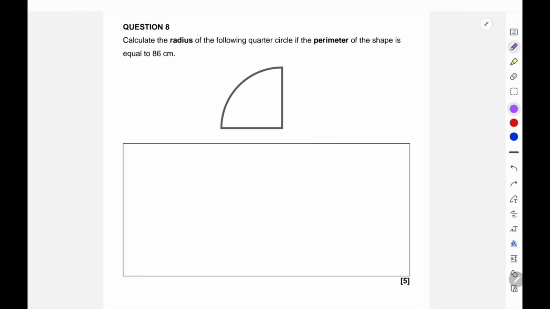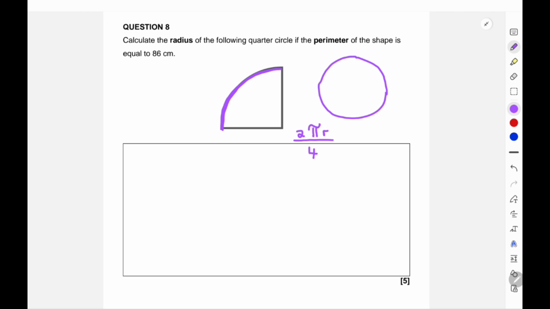If you've got a circumference of a circle, we know that it's 2 times pi times radius. But now, if we divide it by 4 to get this quarter circle, can you see that you'll only be left with this arch?